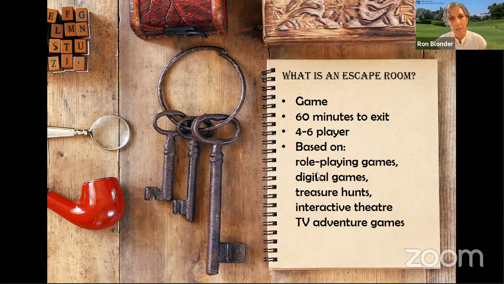I will shortly start with an explanation of what an escape room is. I guess most of you know what an escape room is. It's a genre of game, and usually 4 to 6 people have 1 hour to escape a room. They have to solve quizzes and puzzles, and do some activities in order to get out of a locked room.